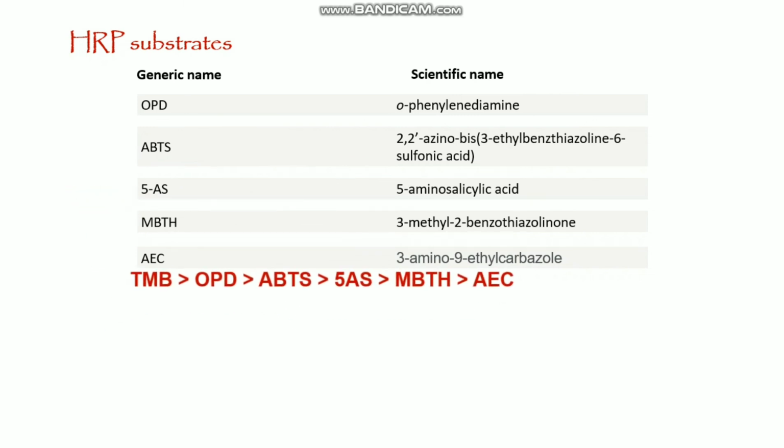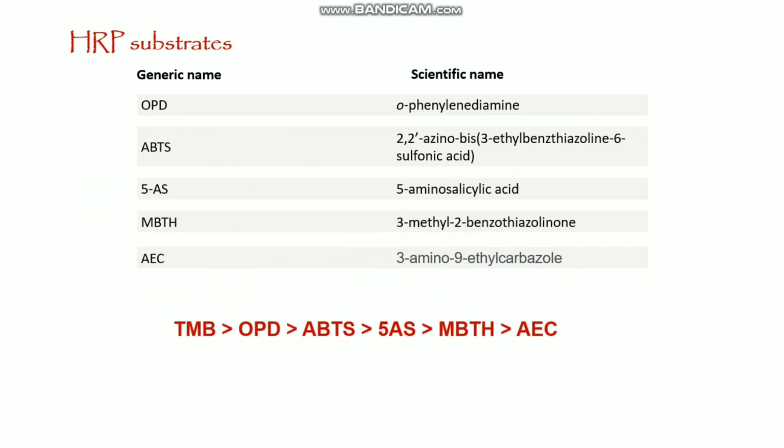Why? Because TMB has the highest sensitivity with HRP compared to the other substrates. This is why TMB is used in the ELISA. And here are all of the other kinds of HRP substrates, with their generic names and scientific names.